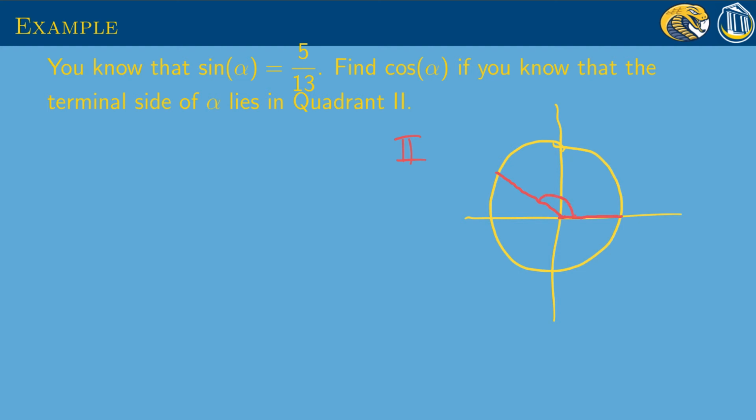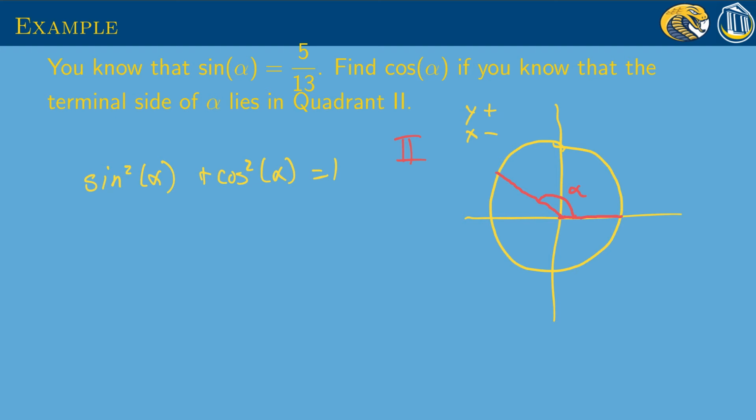Our angle, in this case, is alpha. And we don't know the exact size of alpha, but that's okay. We do know 2 things, though. We know that sine squared of alpha plus cosine squared of alpha equals 1. And we know that in quadrant 2, sine is positive and cosine is negative.